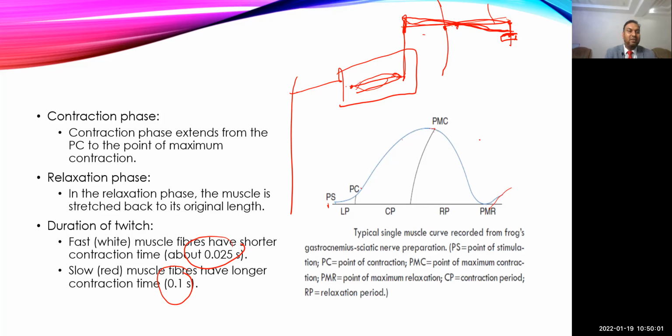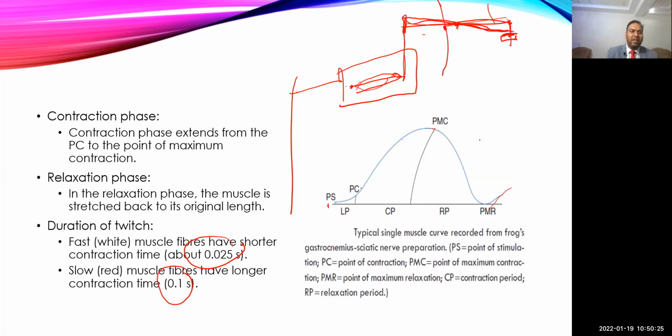And this phenomenon is referred to as Starling's law, Frank-Starling's law. What Starling suggests: within physiological limit, the force of contraction of the muscle is directly proportional to its initial length. So if we put the load before the muscle contracts, the length of the muscle increases, and that will generate more force of contraction.